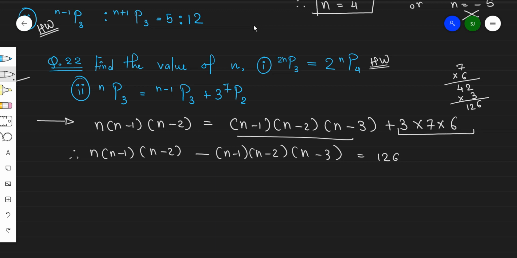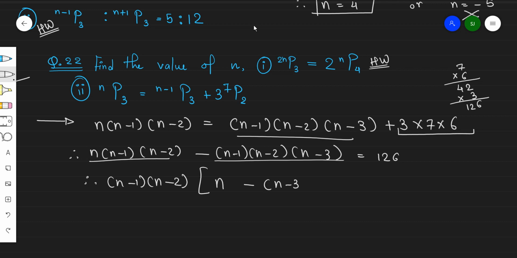On the left hand side I can see something common, that is n minus 1 and n minus 2 are common. So from the first term n is left, from the second n minus 3 is left. So we are doing just basic mathematics. Once we know what formula we should use, we'll be doing basic mathematics.